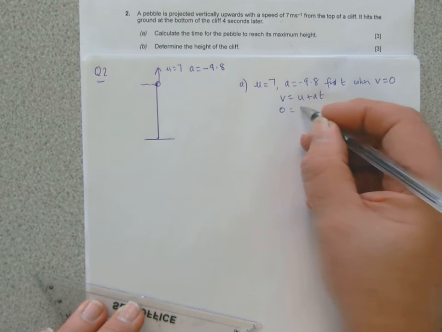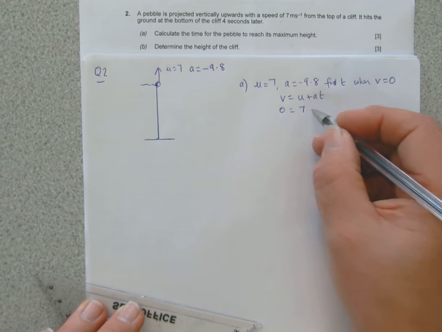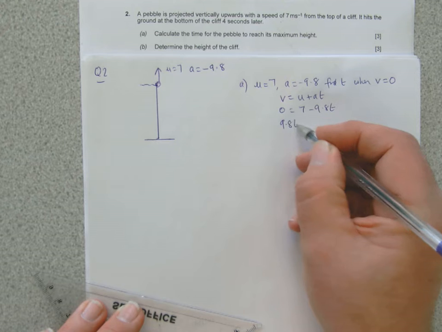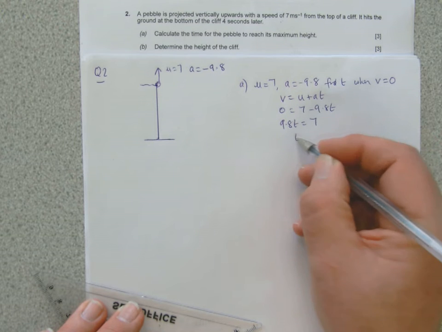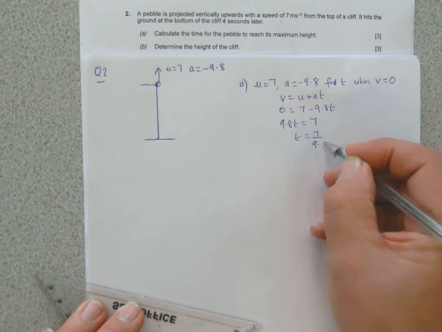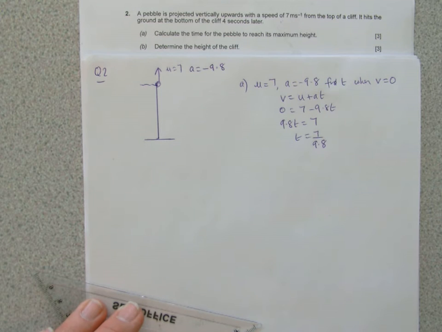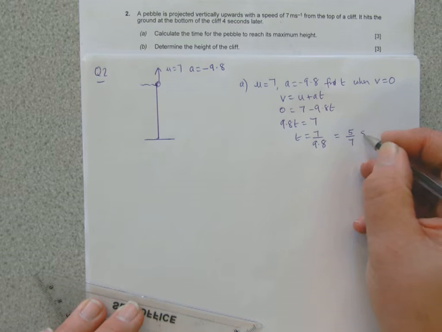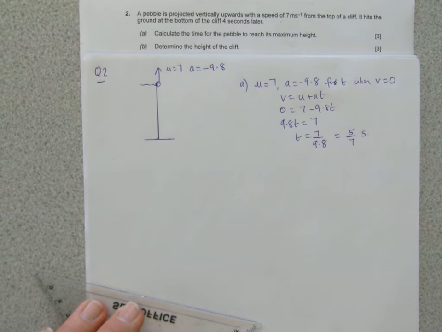So 0 is equal to 7 minus 9.8T. 9.8T equals 7, so T is 7 divided by 9.8. And that, as a fraction, will come to 5/7 of a second.